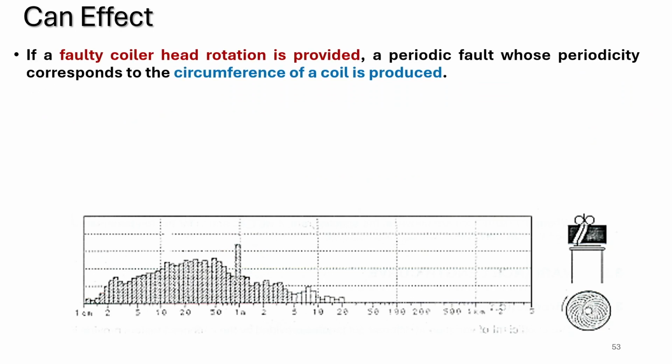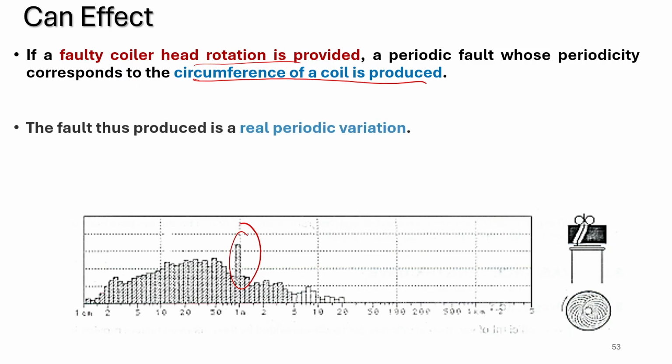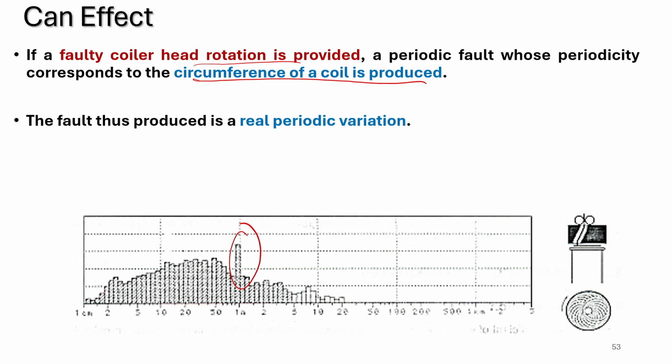If a faulty coiler head is provided, then for every rotation there will be one fault generated. This peak is at the circumference of the coiler. So due to the faulty coiler, for every rotation there will be one stretch. The fault thus produced is a real periodic variation.